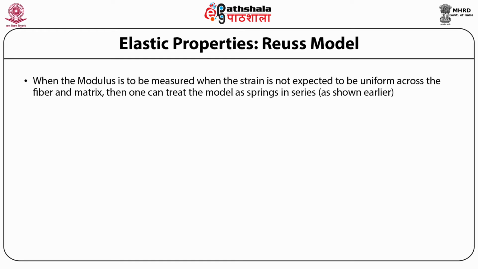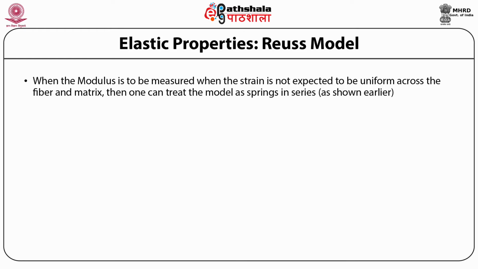According to this model, which is nothing but the isostress model, when the configuration of the composite is such that the stress applied on the matrix and the reinforcing phase are the same, then it is called the isostress model. As the name suggests, the stress is expected to be uniform across the various phases.